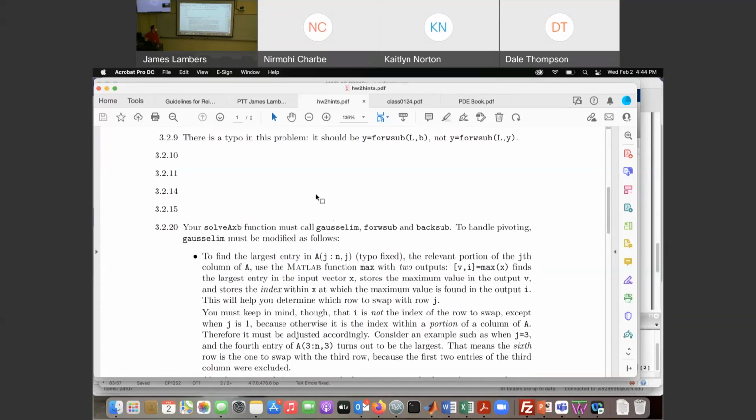So solve AXB does not need to do anything except call these three. For forward sub and back sub, you have those algorithms in the text. Well, actually, I did forward sub, so yes, you can use it.